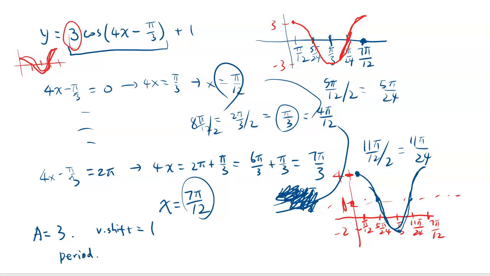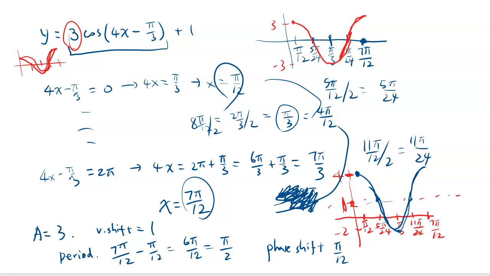So let's calculate that quickly. 7 pi, the end, and the beginning of one full period gives you the period. That's 6 pi over 12, which is pi over 2 if you simplify. And then phase shift is the very first number you get. This is pi over 12. And that's about it. We figured out everything that's required from a graph.